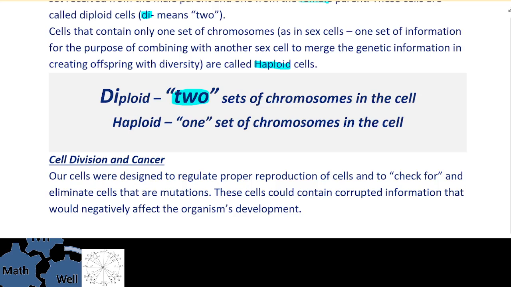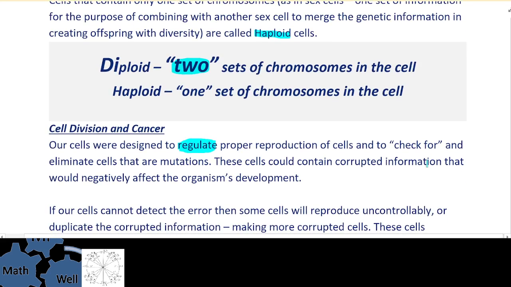So what is cancer? Let's talk about cancer in light of cell division, which we're studying right now. So our cells were designed to regulate, and that means govern or control, proper reproduction of cells, and to check for, and I put that in quotations, because checking for is a pretty complex thing, and it's quite amazing that our cells, which are inanimate really, they don't have a personality, but they have a quality control built into them.